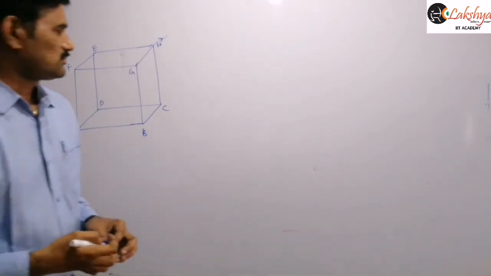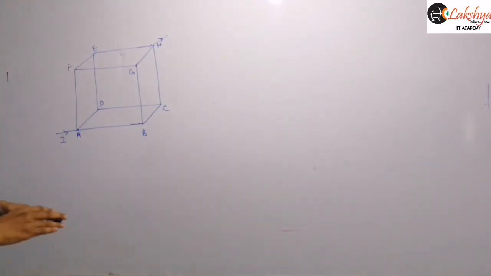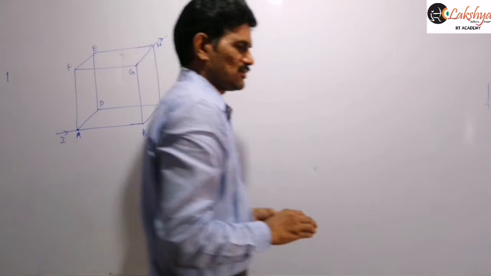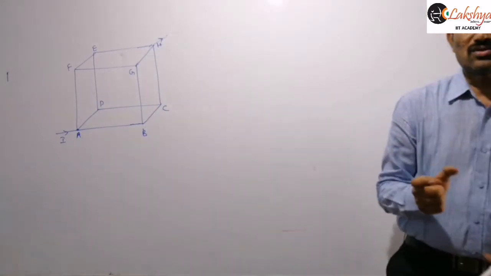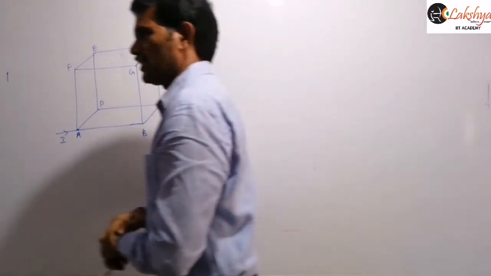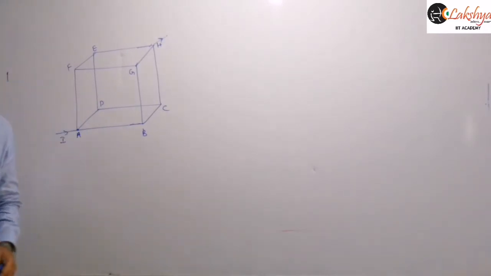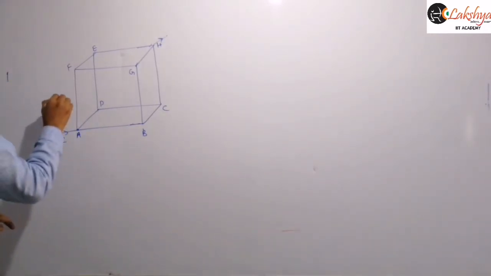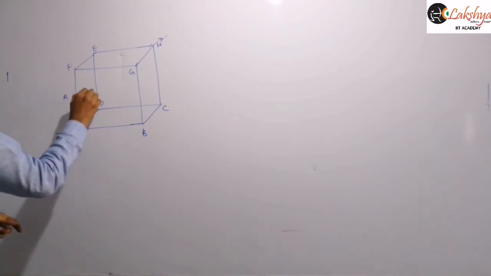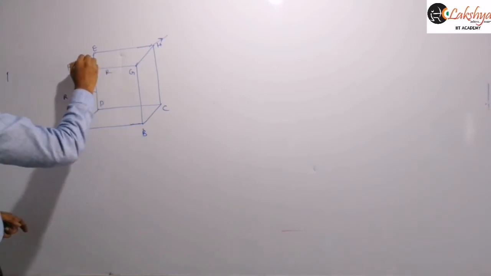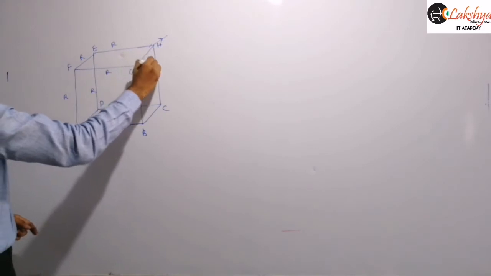So write that: 12 resistors, 12 identical wires, each of resistance R, are connected in the form of a cube as shown.